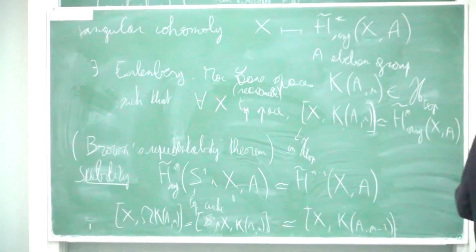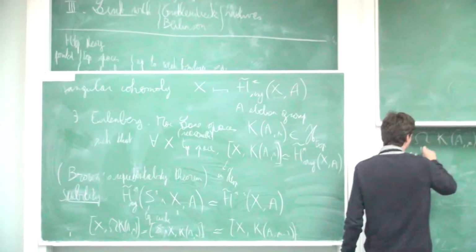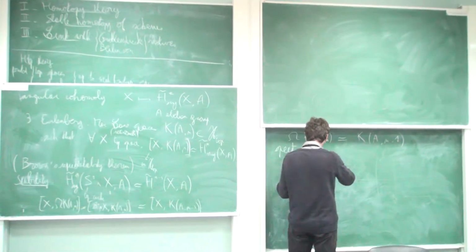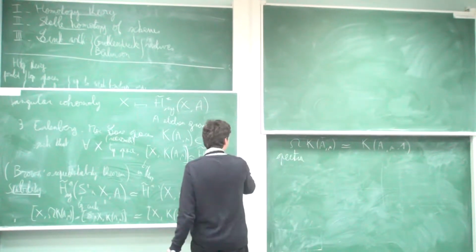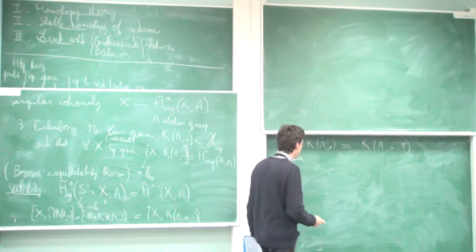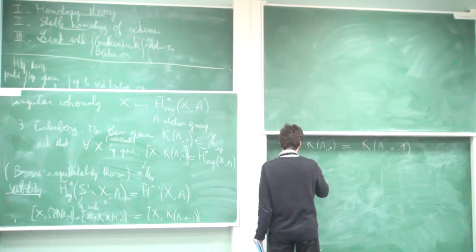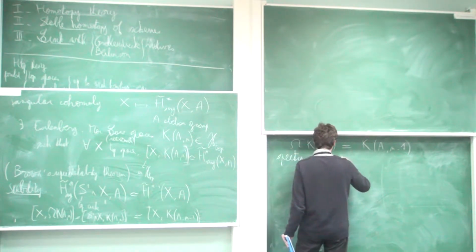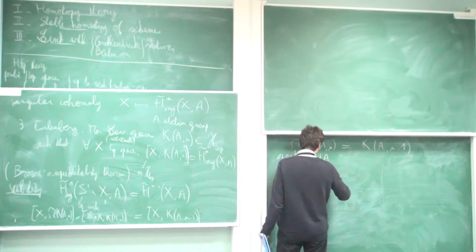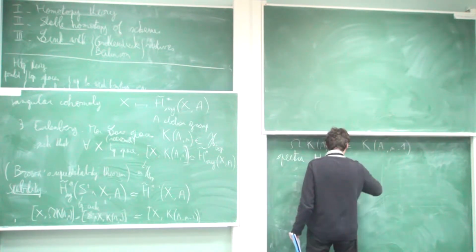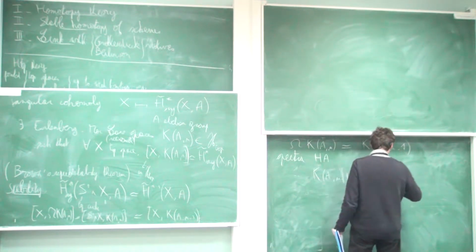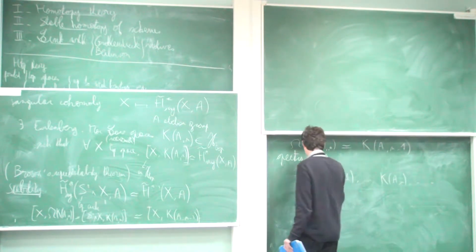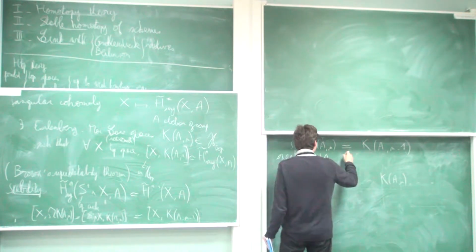And so this leads topologists to introduce spectra. Maybe you know. If we want to represent the whole singular cohomology, we want to consider the sequence of all K(A,n). Let's say HA will be the sequence of all Eilenberg-MacLane spaces like that, K(A,n-1), K(A,n), and so on, plus these maps here.